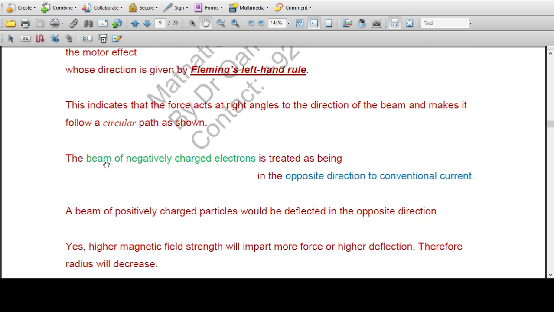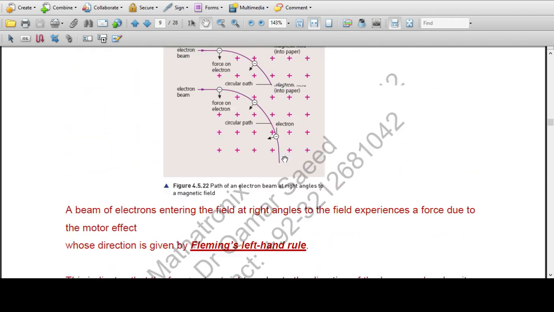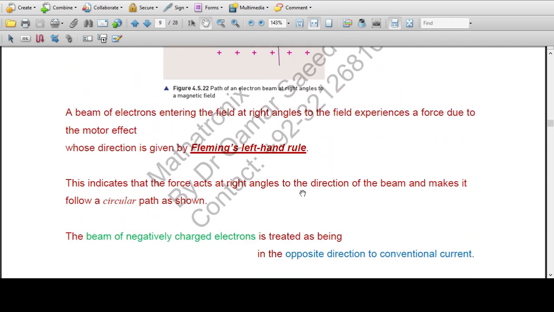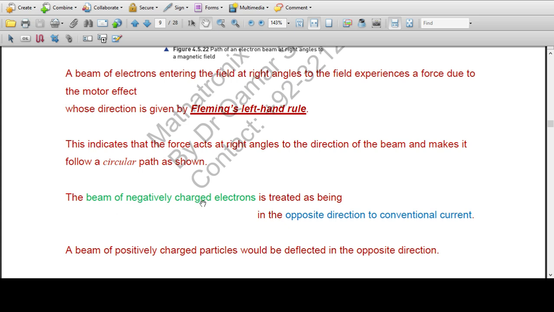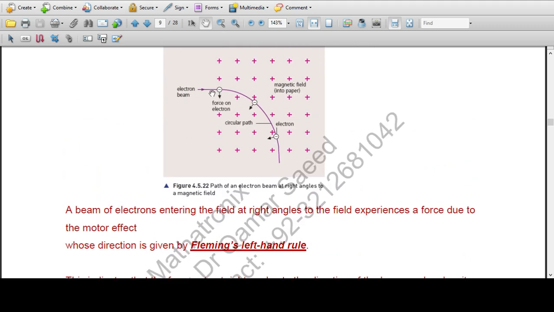A negative beam of charged electrons is treated as a positive conventional current in the opposite direction. If the electron is coming in this direction, then the conventional current is going in the opposite direction.